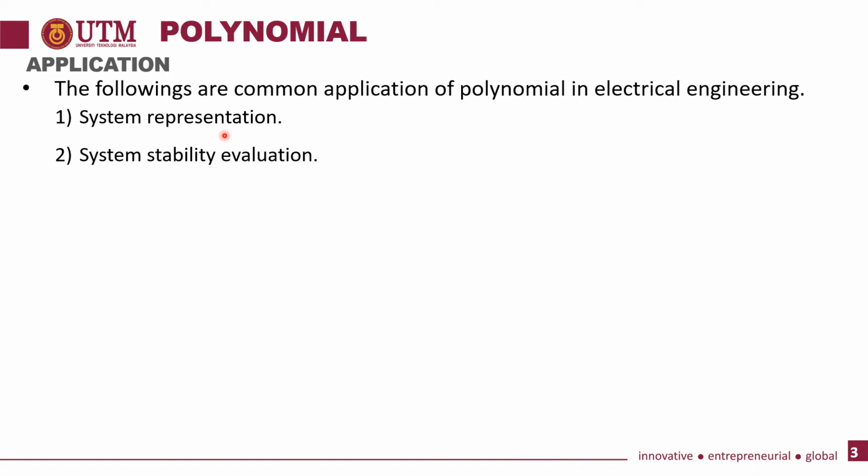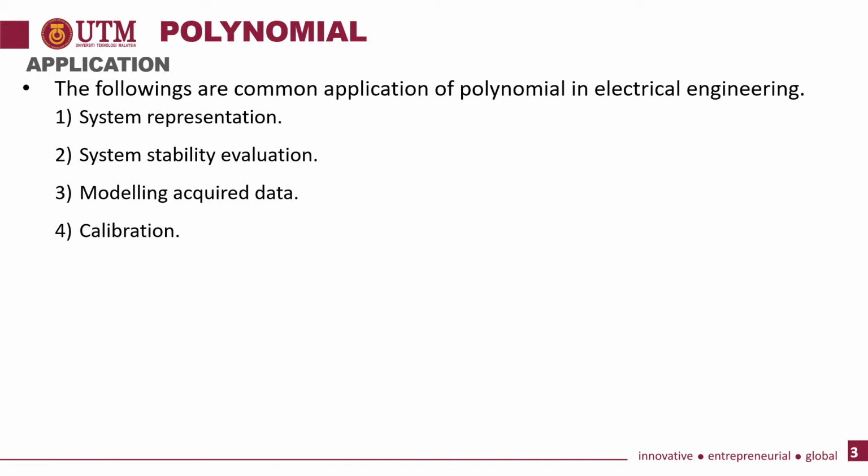Next, you will also be able to model acquired data. When you get the data, you can model it if you want to improve its accuracy. And the last one is calibration. With the polynomial equation that you get from the data, you can calibrate the data and also calibrate your sensors.